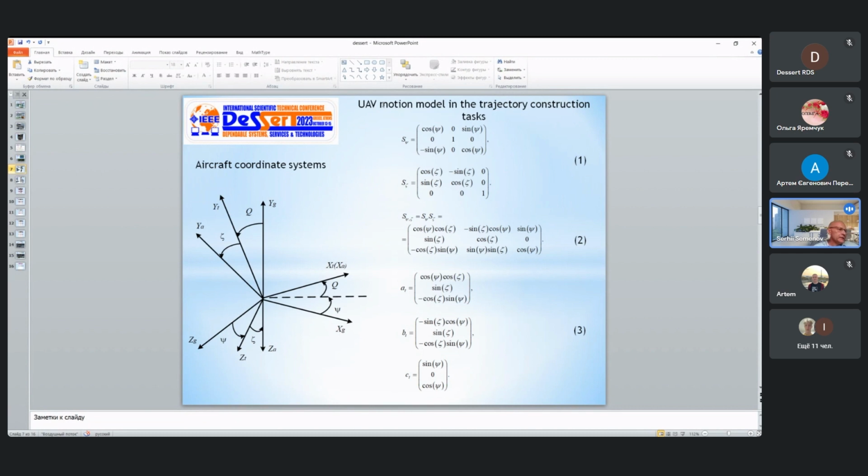In the context of intelligent UAV flight planning and the trajectory construction task, the main goal of the mathematical formalization stage is to ensure accurate and consequently safe movement along a given trajectory.